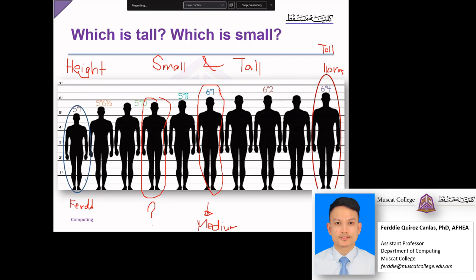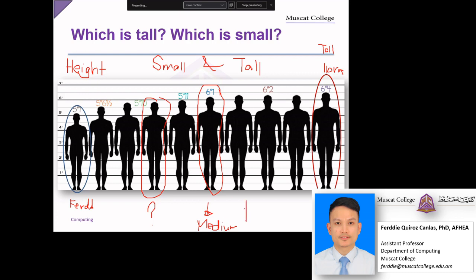If we take from the left, he is medium. So difficult, right? Actually, you are very right on that, Ibrahim. If your point of reference is from the left, then you could say this guy is medium. But if your point of reference is this one, he is small. That's very good, depending on your point of reference.